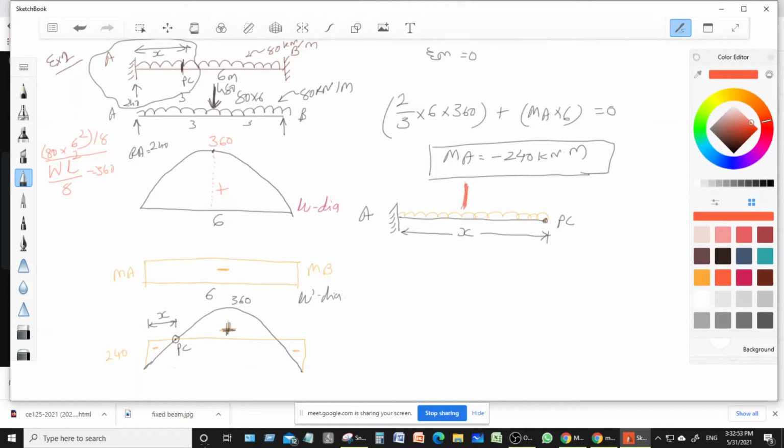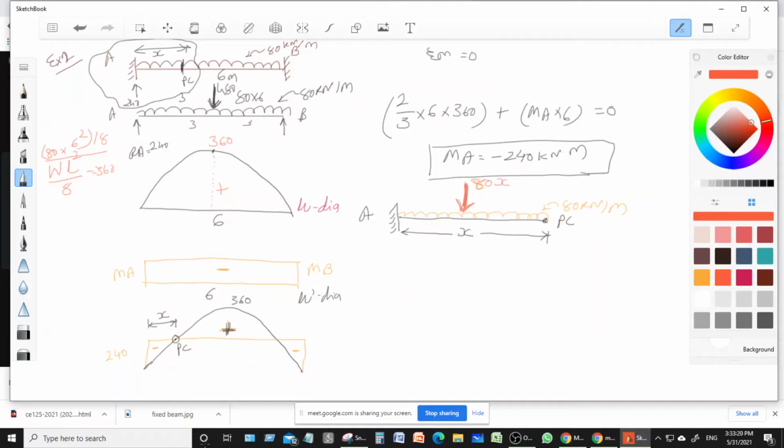We convert it into a point load, because this is 80 kilonewton per meter. Now see, your total distance is x, so your load will be 80 into x. That is the total load, UDL into the span.